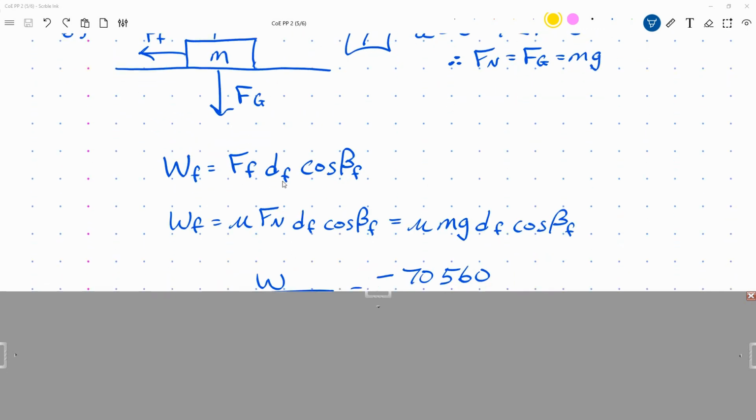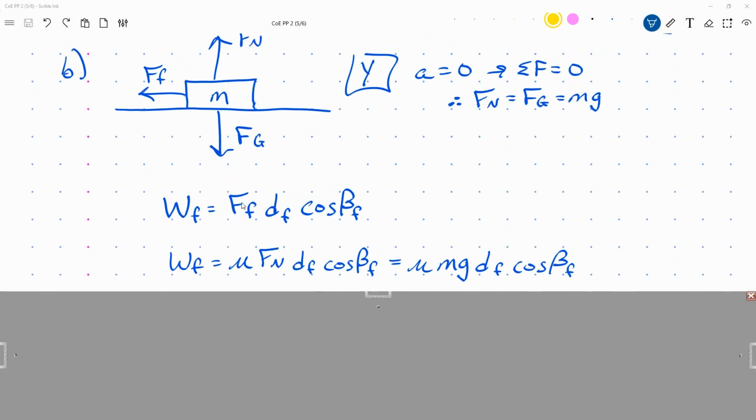Okay, so that means the work done by friction is force of friction, mu times the normal force, and then the rest of the equation, distance friction cos beta. And of course, I've just explained how the normal force in this case is equal to mg, so I've subbed that in, which means that the work done by friction is mu mg distance friction cosine of beta for friction. I know everything in this equation except for the one thing I'm looking for, the coefficient.